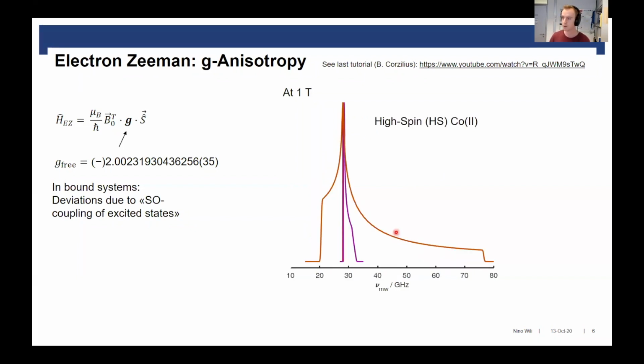And if you go to a high-spin cobalt(II) complex, it's actually a little bit more complicated. It's not really g-anisotropy here, but it doesn't matter at this point. You see that this is extremely broad, and it's kind of silly to plot it like this because, of course, nobody measures it like this. But it was just here for illustration.